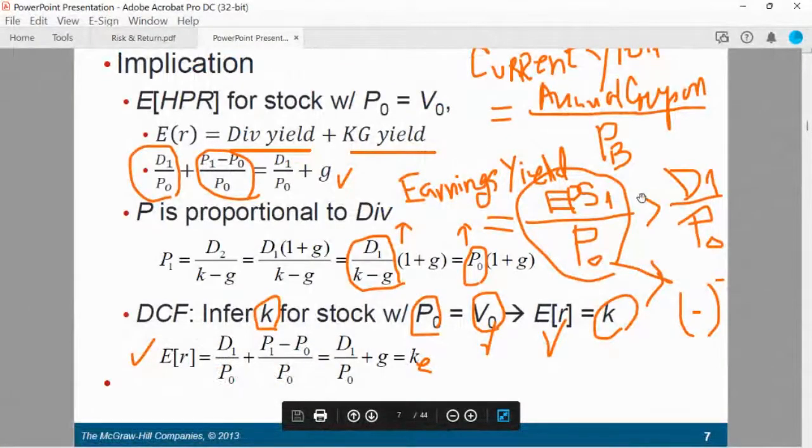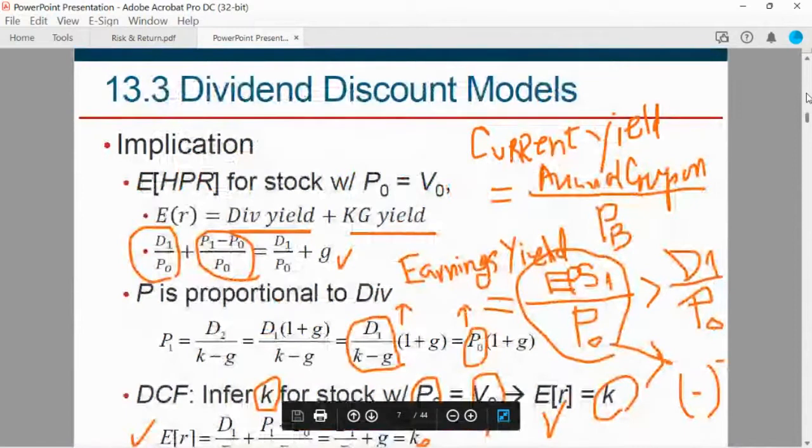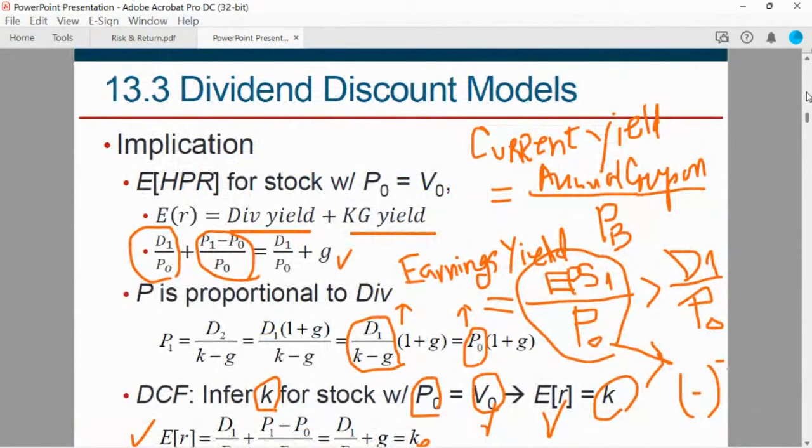Now we're going to do the examples of these models, which are not that difficult. We're going to get to that after discussing a little more about the implication of the Gordon growth model.